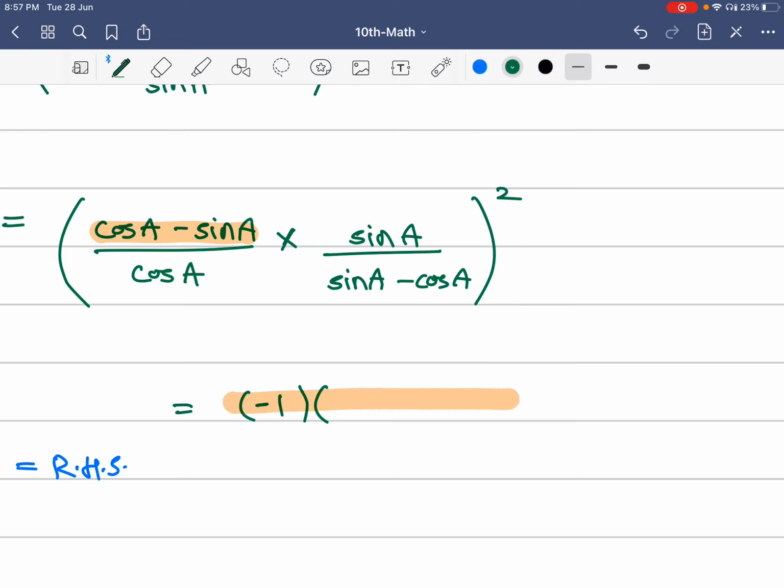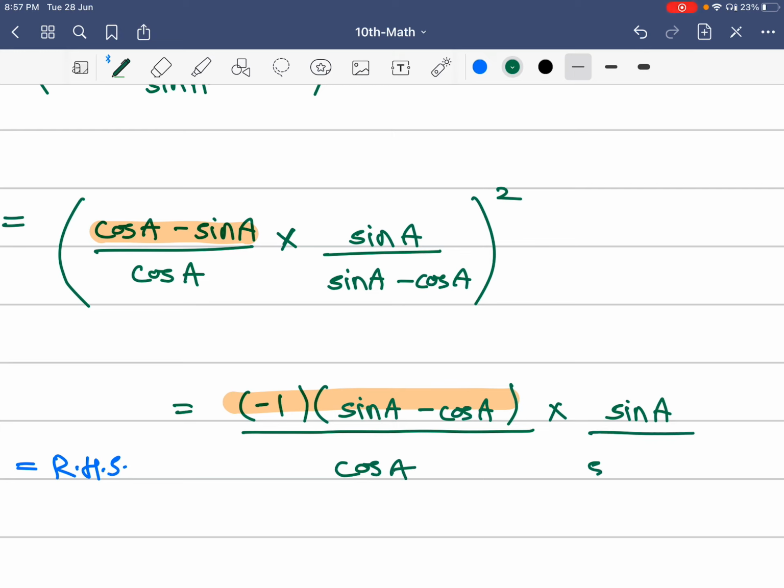So that is going to be equal to (sin A minus cos A), just by taking minus 1 outside, into sin A here, and the denominator here we have cos A, and here the numerator we have again sin A minus cos A. And don't forget the whole square.